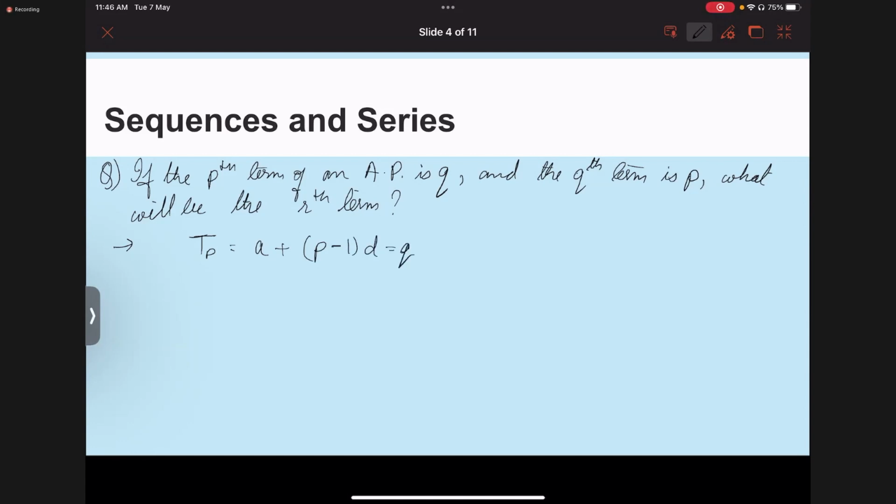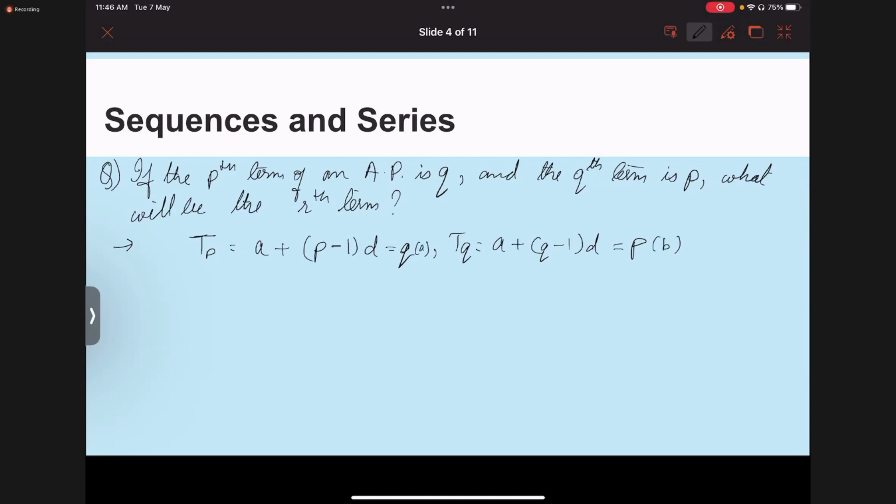Okay, since this is an AP, this is the formula that we will use. And your T_q similarly is going to be a plus q minus 1 d equals p. Let's call this equation A and this equation B.